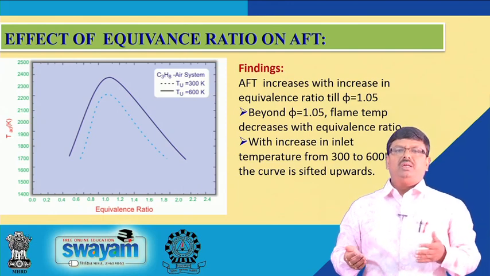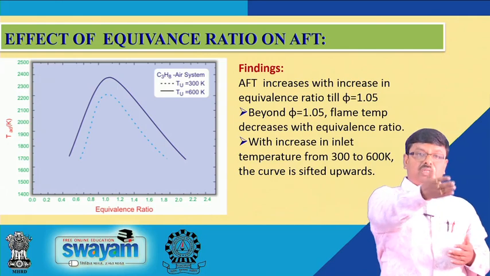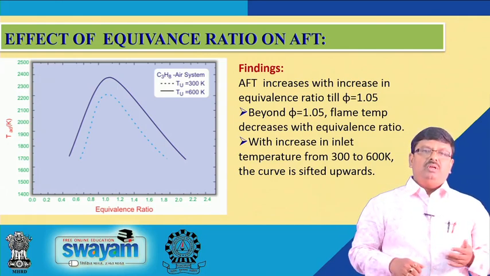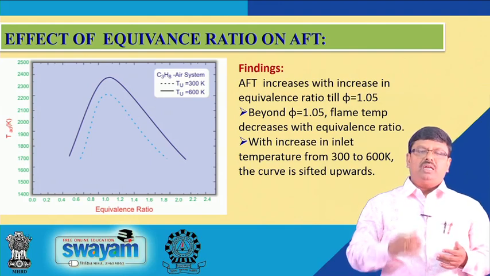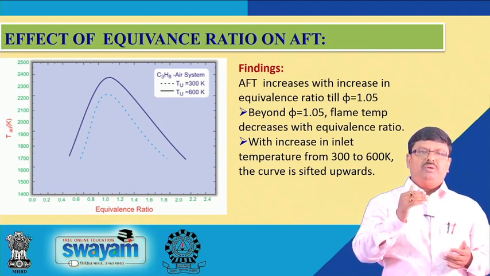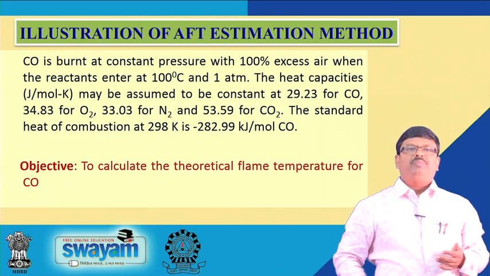With increase in inlet temperature from 300 to 600 Kelvin, the curve is shifted upwards, which is very clearly observable from this graphical representation, the nature of the curve and how it shifts for the change in temperature.